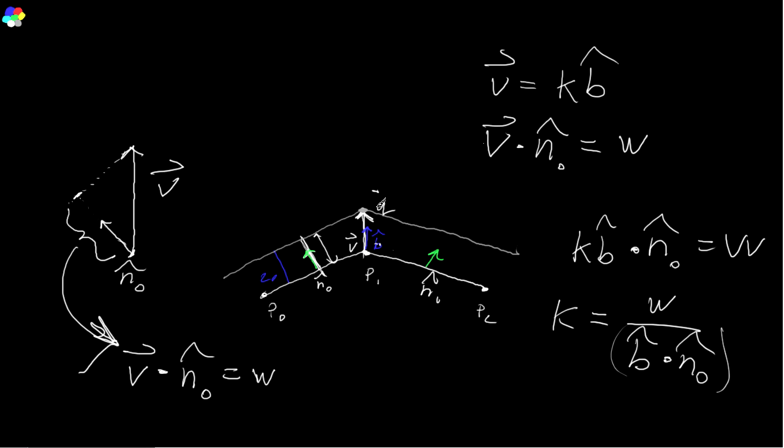And then to find q, you just go q is equal to p1 plus k times b hat. And that'll give you your vertex. And then you are done. And I mean done. So that is how we find our q's given our p's.